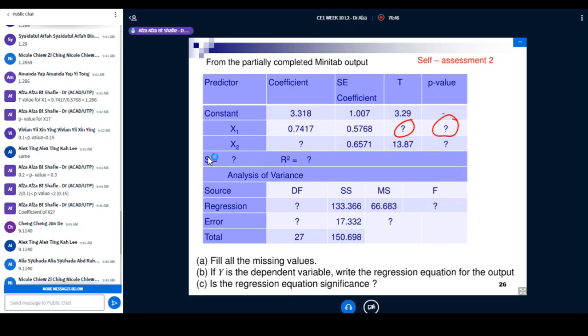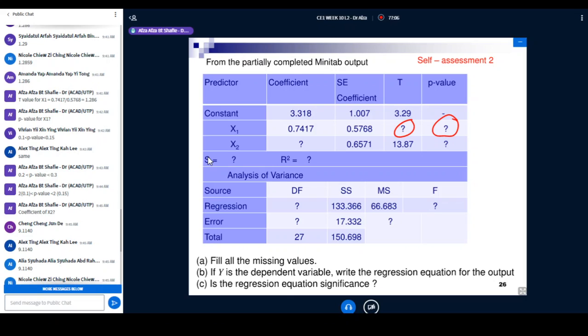So what's the value of the standard error? Okay.